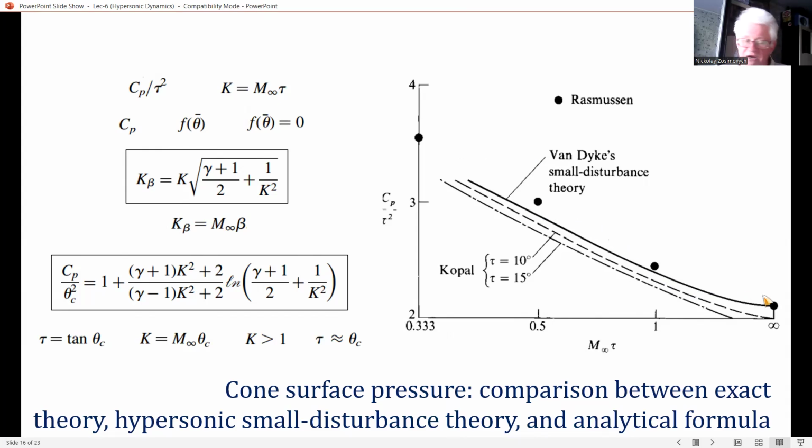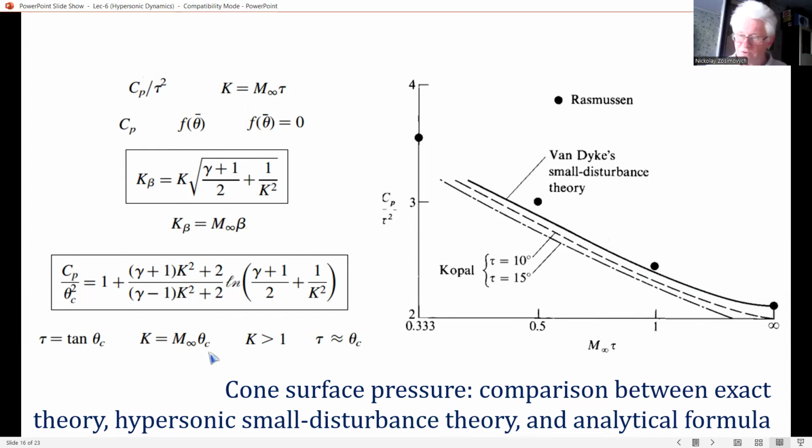on this diagram. But we should note that this equation agrees well with the numerical result of Van Dyke in the case when K is positive and higher than 1.